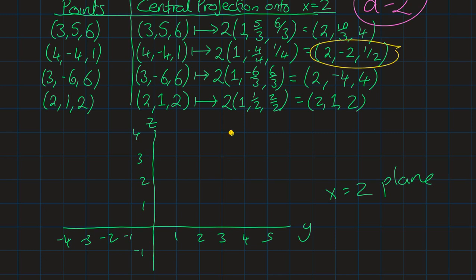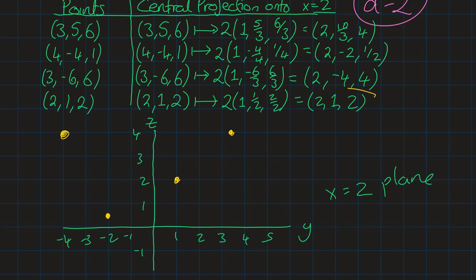This next point, minus 2, comma a half. So that's this point right here. This next one, minus 4, comma 4. That's this point right here. And finally, 1, comma 2. That point right there.